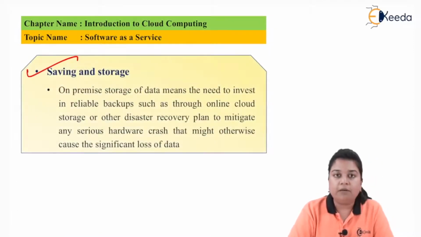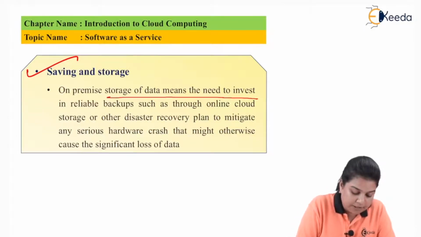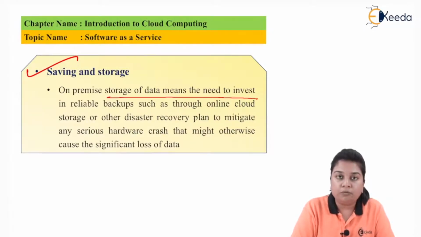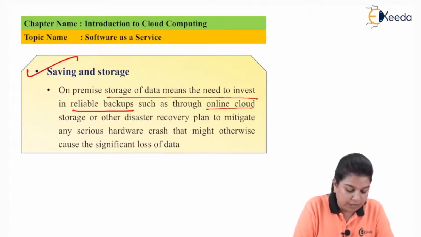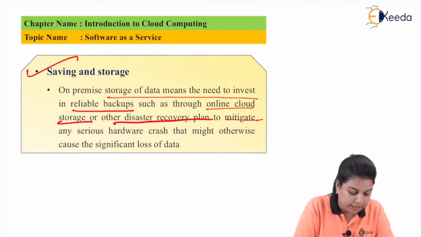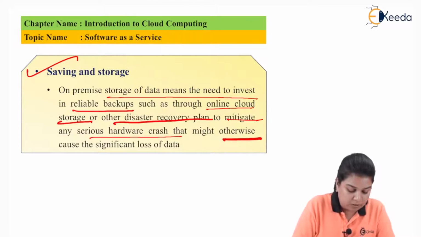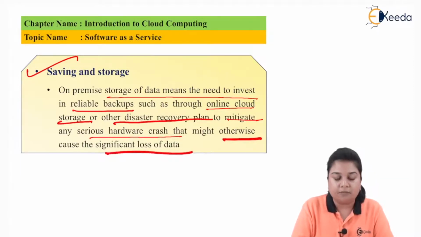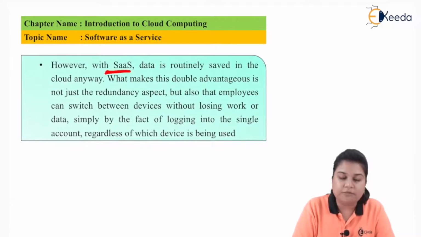Next point is saving and storage. On-premise storage of data means the need to invest in reliable backups, such as through online cloud storage or a disaster recovery plan, to mitigate any serious hardware crash that might otherwise cause significant loss of data. However, with software as a service, data is routinely saved in the cloud anyway.